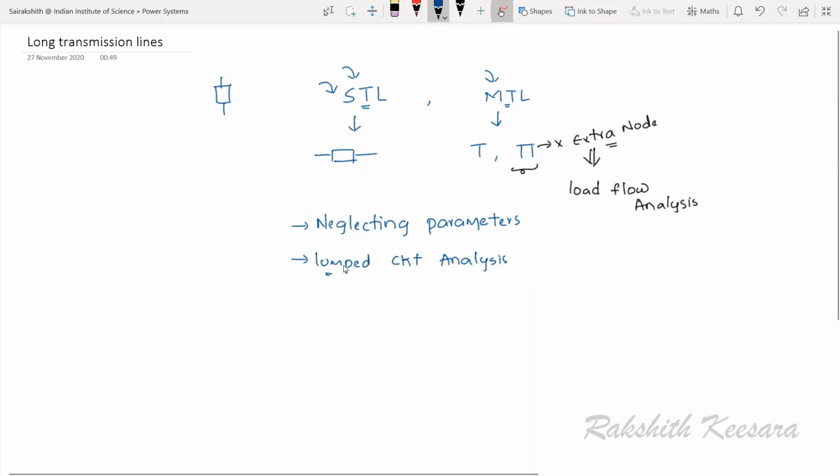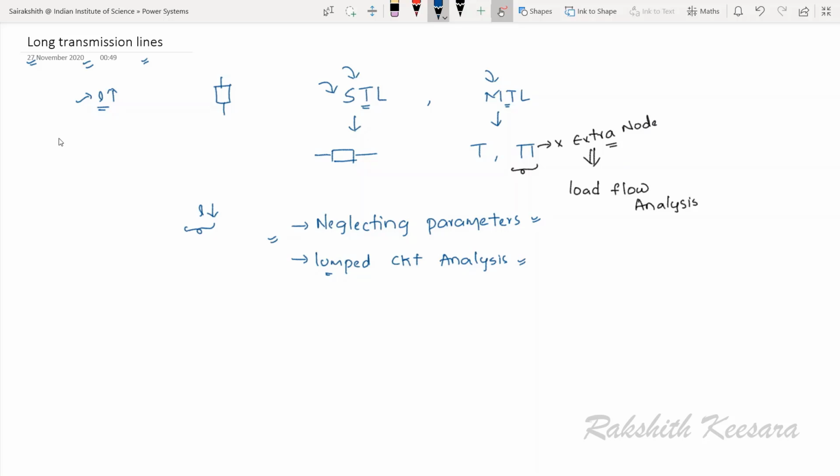Now coming back, these are the two approximations we made. So why did we make these approximations? Because line length is less. If line length is less, some of the parameters are not much significant. So we neglected them and this worked. But while coming to the long transmission line, the line length will increase. So if line length increases, the parameters will become significant and each parameter will make some sense.